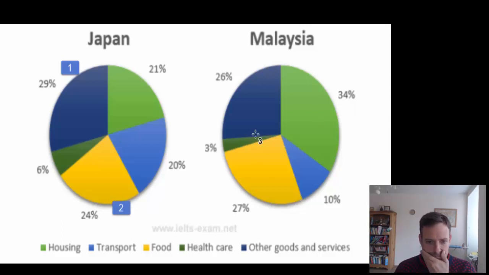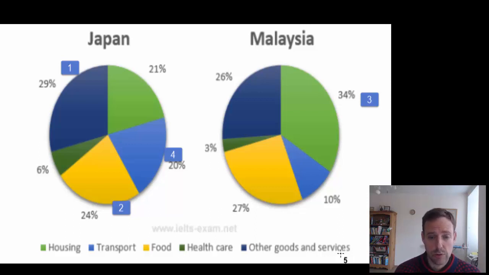And then the green in Malaysia is a little bit bigger than the green in Japan, and conversely, because of this possibly, that light blue in Japan is quite a bit bigger than the light blue in Malaysia, and then 6% and 3%, both very small.